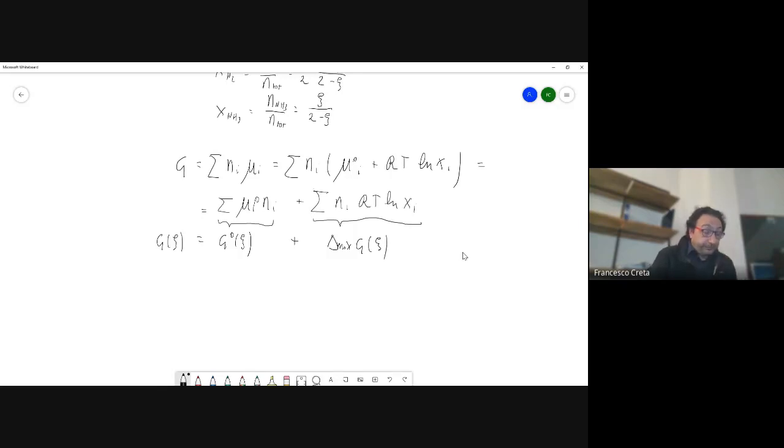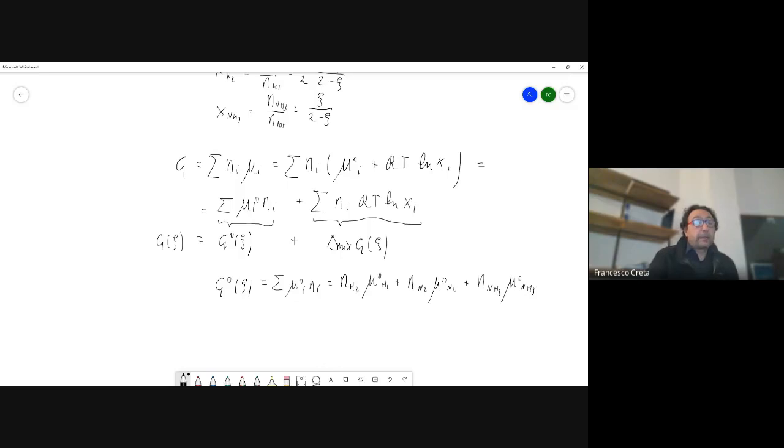In fact, G0, which is this guy here, for our system you can write down as N_H2 mu0 H2, plus N_N2 mu0 N2, plus the number of moles of ammonia N_NH3 mu0 NH3.